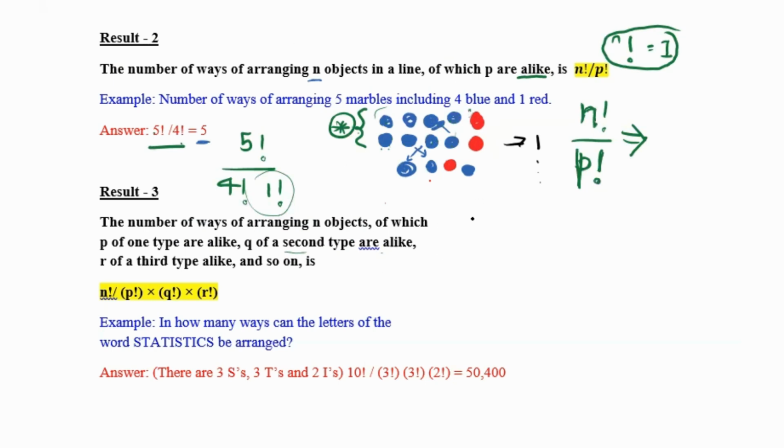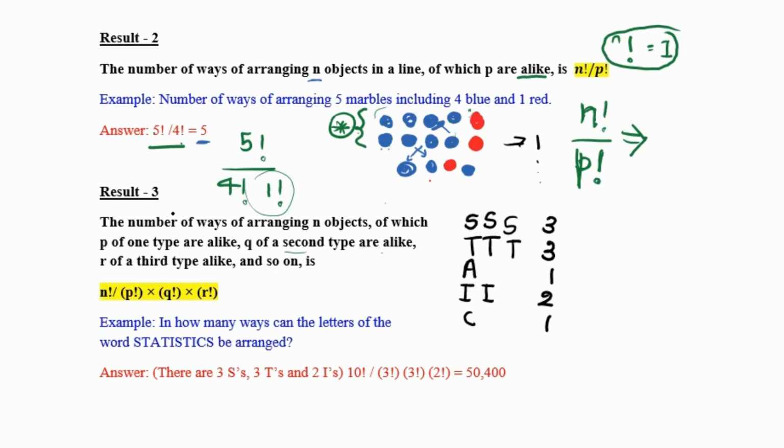If you think of the word statistics, we have S, T, A, T, I, S, T, I, C, and S. There are 3 S's, 3 T's, 1 A, 2 I's, and 1 C. 3 S's, 3 T's, and 2 I's, as it says.